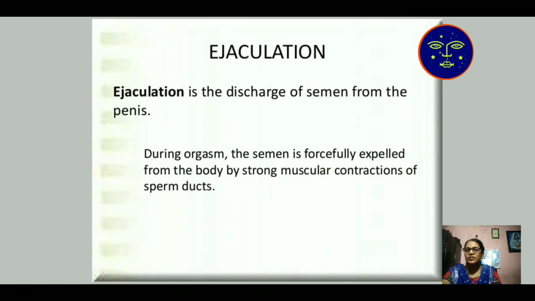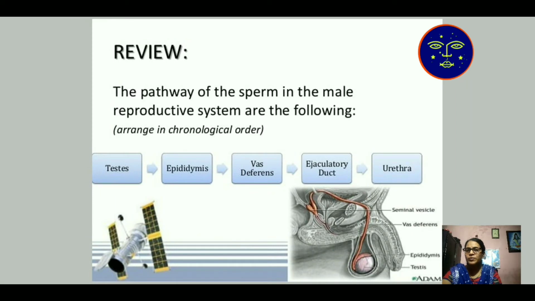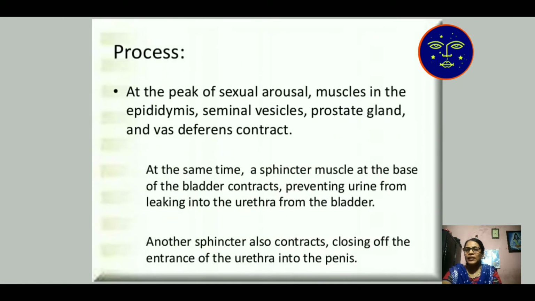Ejaculation means discharge of semen. Next, review the pathway of sperm in the male reproductive system: testis to epididymis, then vas deferens, then ejaculatory duct, then urethra. This is the pathway of the sperm movement.